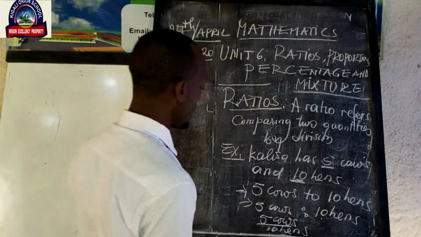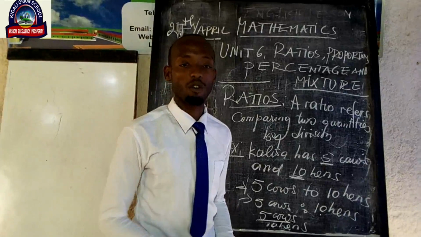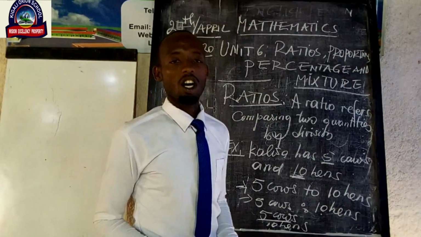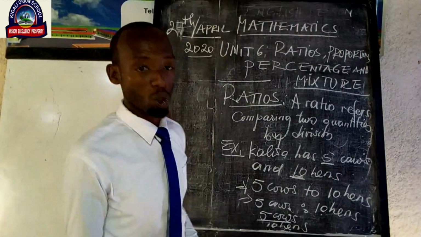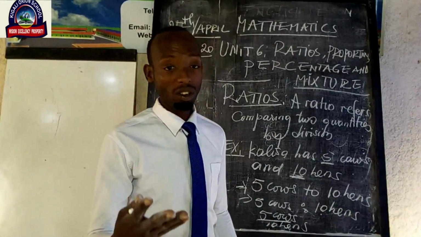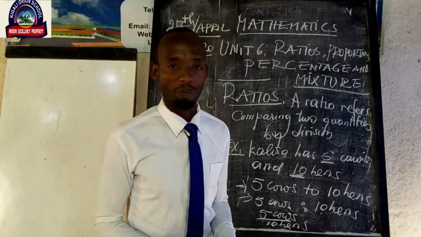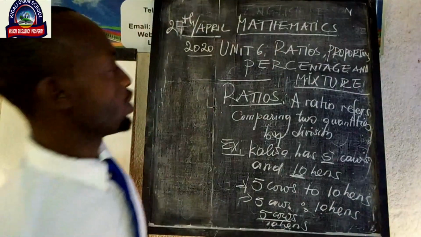By writing a ratio, there are 3 ways of writing a ratio. One, writing a ratio by using the word "to". Second, writing a ratio with a colon. Third, writing a ratio in fraction form. So let's see those 3 ways.